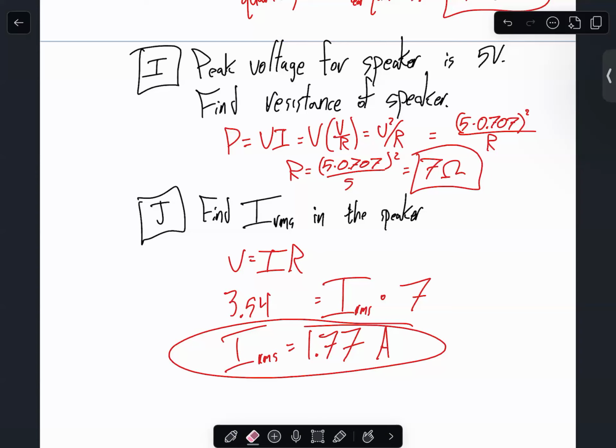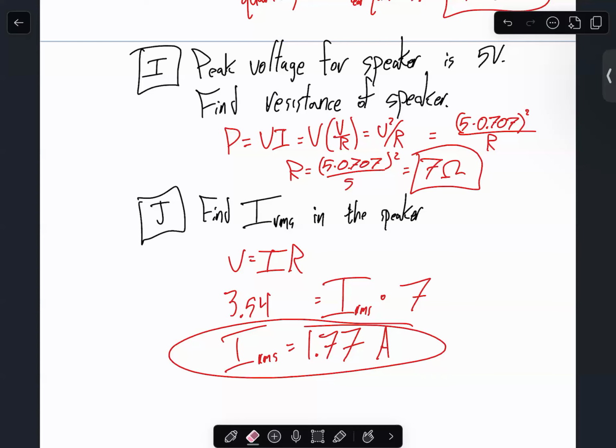Yeah, please. You could. You totally could. You absolutely, positively could. It will give the same result. No difference. Make sure you use RMS voltage.